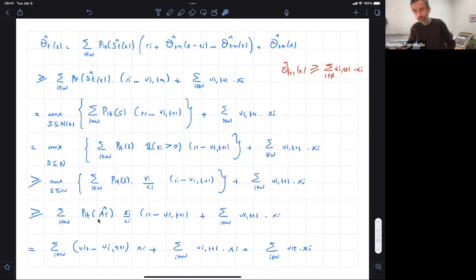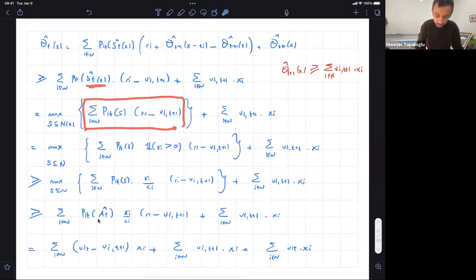Good. Okay. So then what do I have? By the definition of my approximate policy, the approximate policy is obtained by maximizing this objective function. So the S at T is nothing more than the optimal solution to this maximization problem.